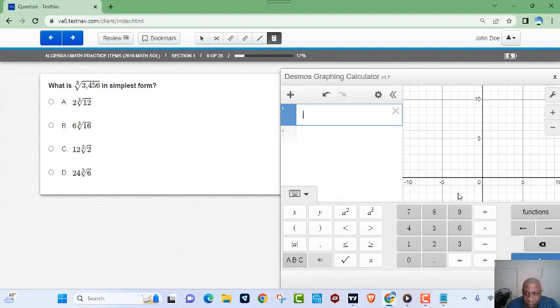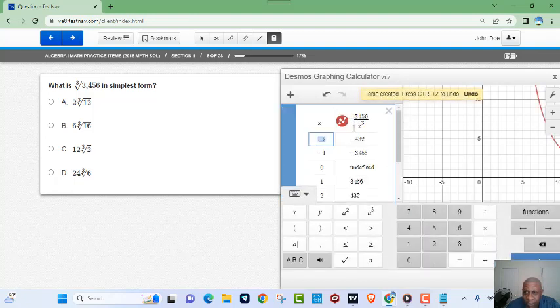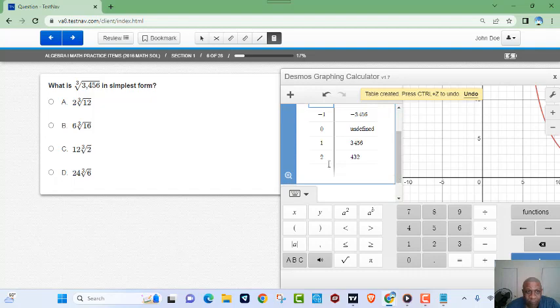Since we want a cube root here, we're going to put in our division symbol, put the 3,456, and that's going to be divided by x cubed. Then we're going to go to our gear icon, and then our table icon, and take a look at the different answer choices that we have.